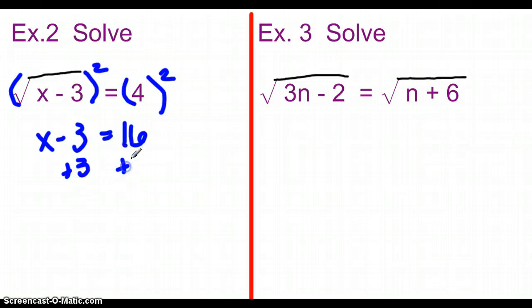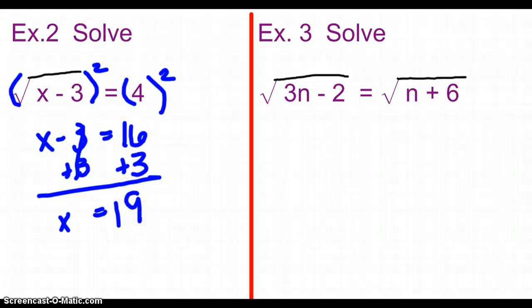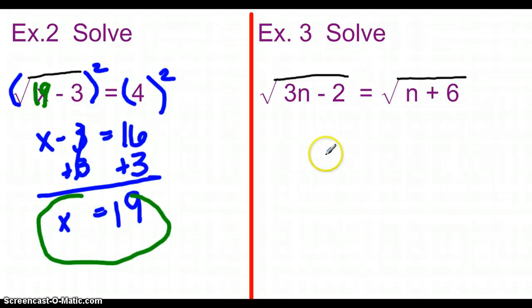If I add 3, I get x equals 19. Now I should be able to go back up here and put 19 in. 19 minus 3 is 16, and the square root of 16 is 4, so that works. I have to be able to check them to make sure they work.